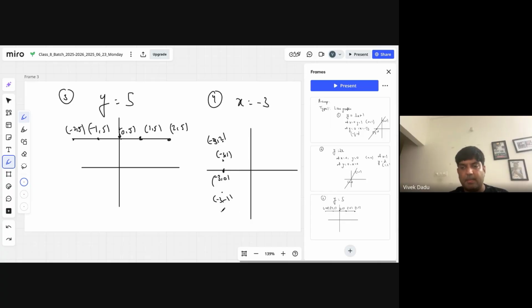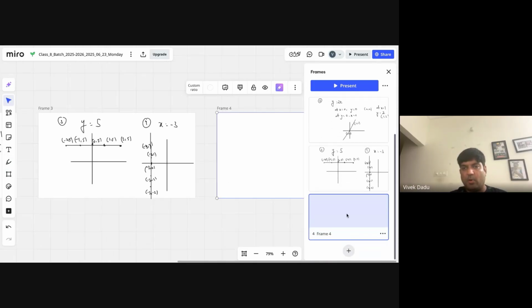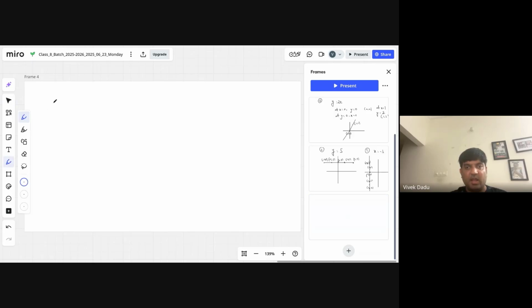Getting it? So this time there will be a line like this. This line is the x equal to minus 3 line. Remember, we have done all these cases for line. Okay.